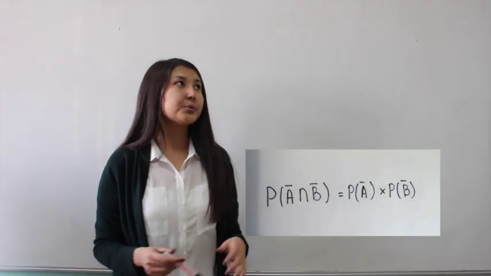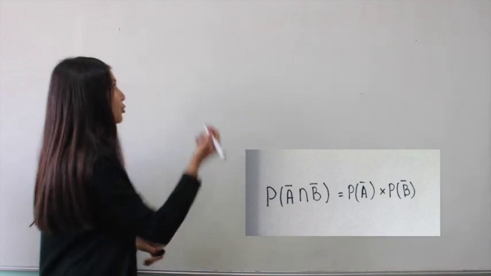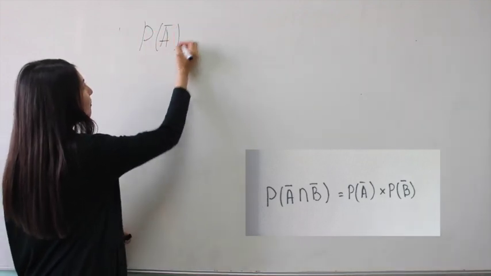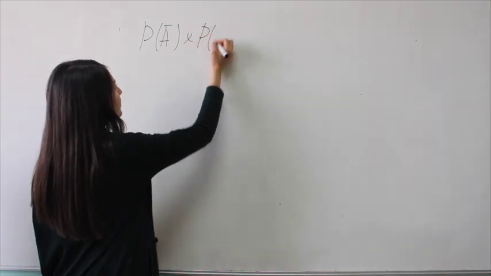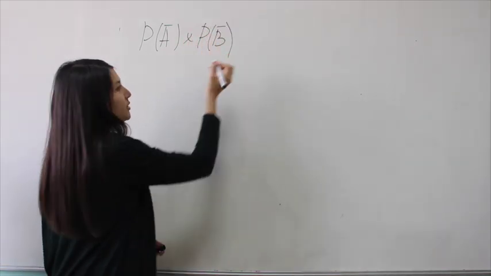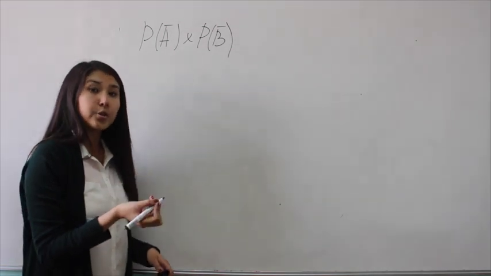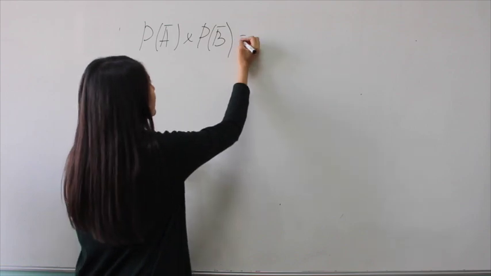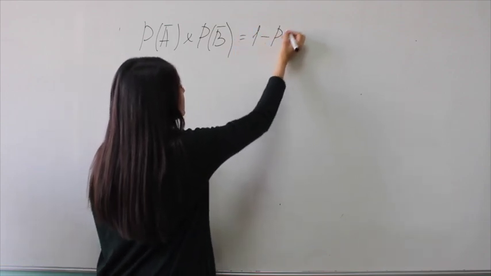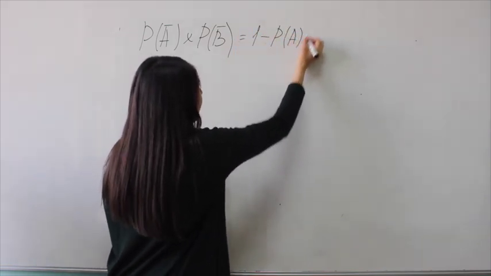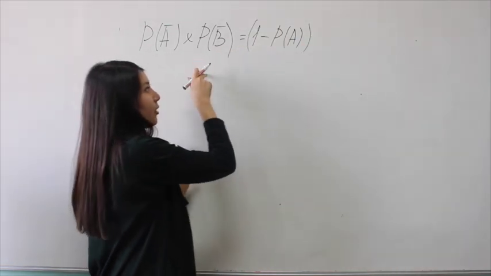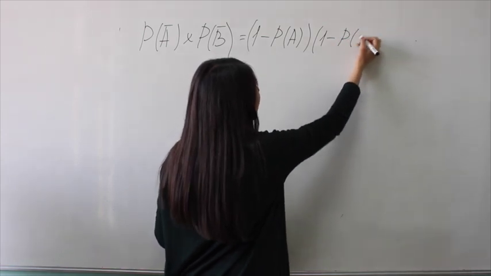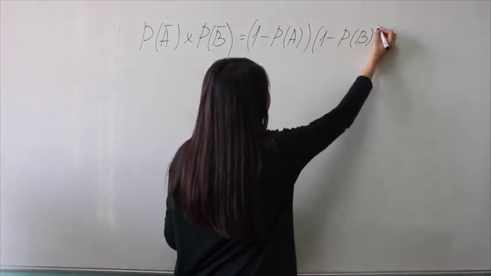We will start with the right hand side of the equation. Using the complement rule, we know that probability A complement is the same as 1 minus probability of A, and probability B complement is 1 minus probability of B.